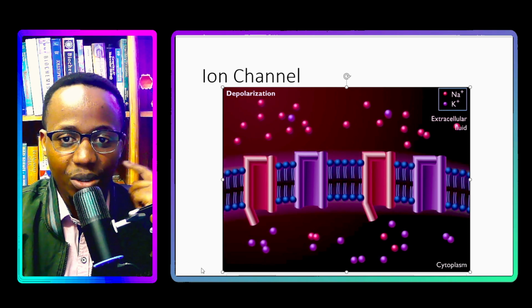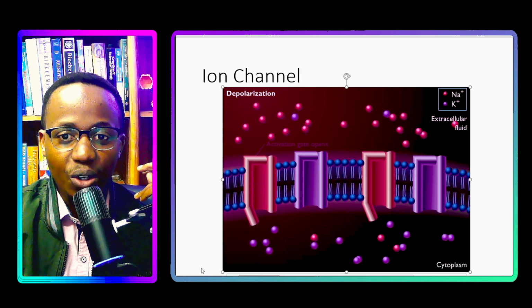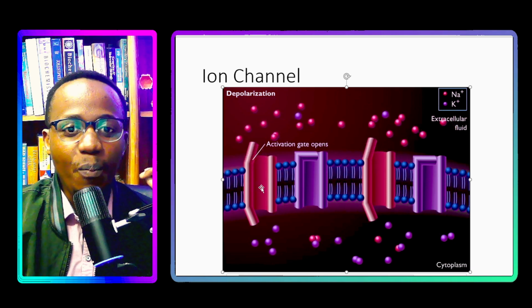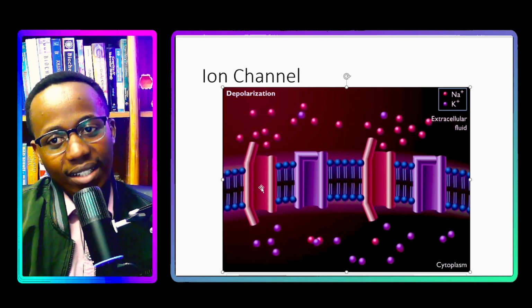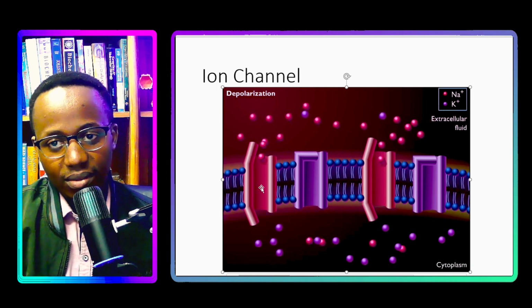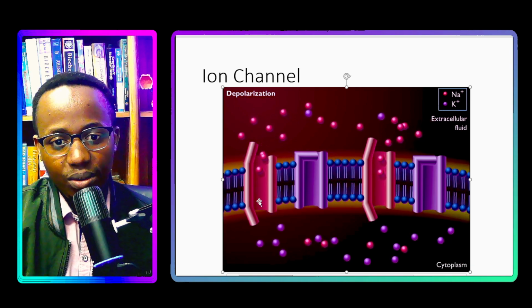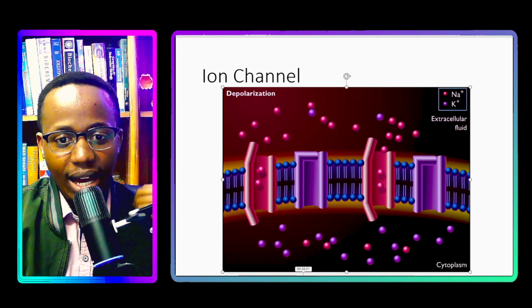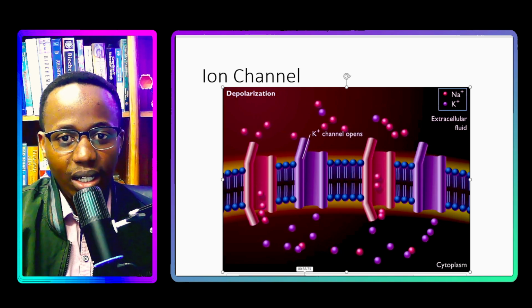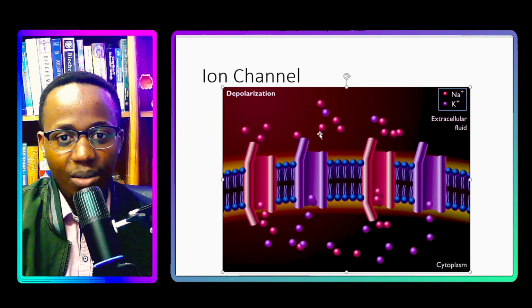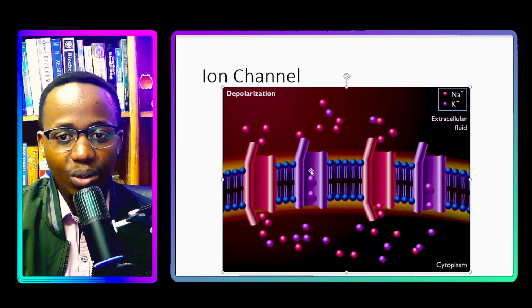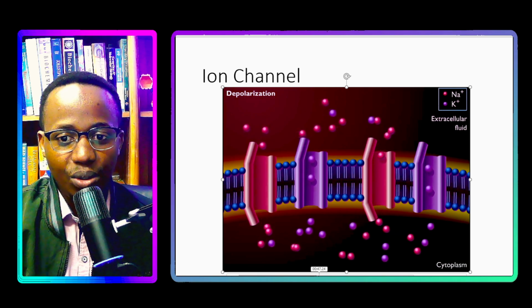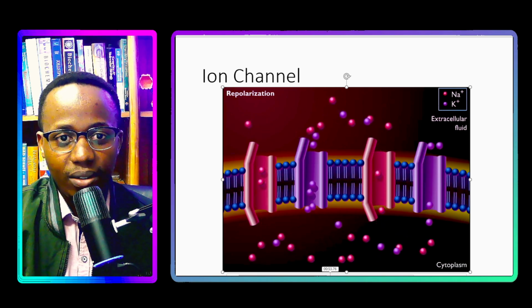So whenever you have depolarization, it's going to transmit a signal to open the gate. And guess what happens? It goes through, right? The ions go through, and then whenever that happens, the potassium channel opens as well, right?